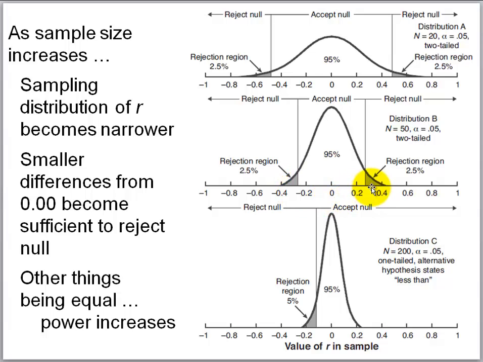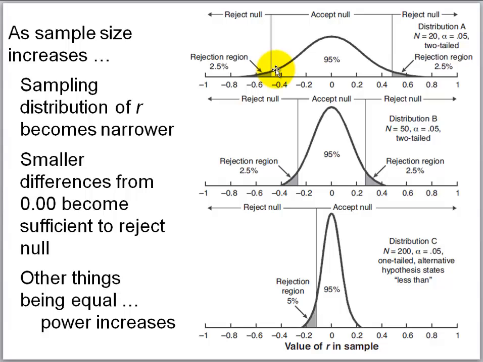In distribution C here, we've now upped sample size to 200, and just to demonstrate a one-tailed test, we're presenting one in which the alternative hypothesis states less than. You see how the sampling distribution here is narrower than in our middle distribution, which in turn is narrower than the distribution at the top.